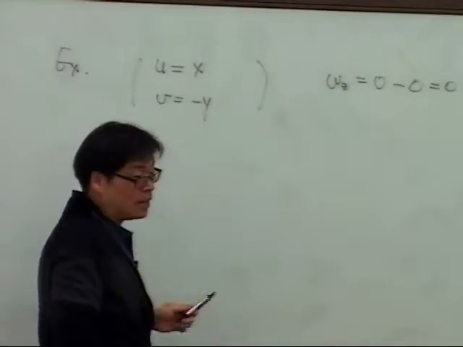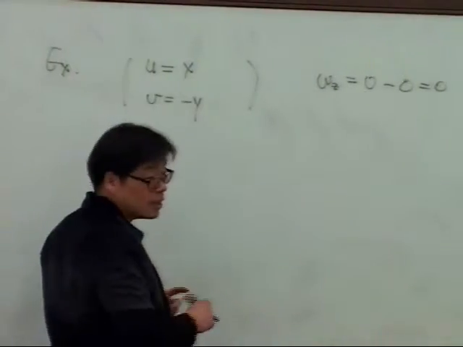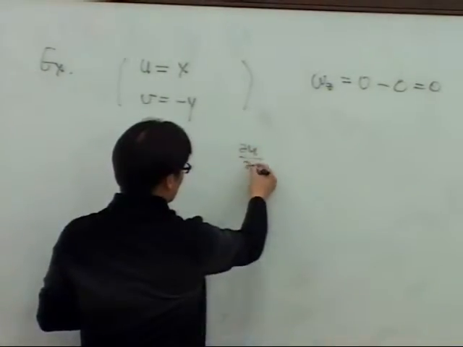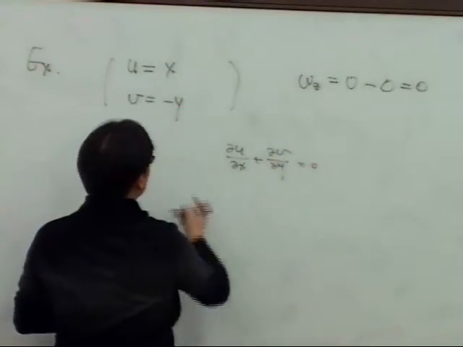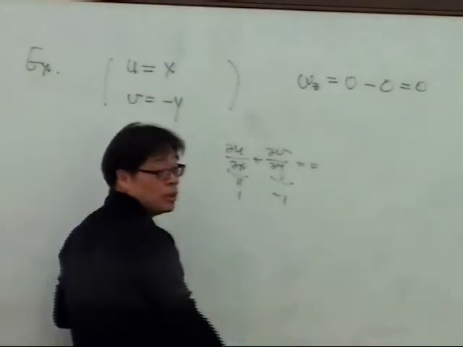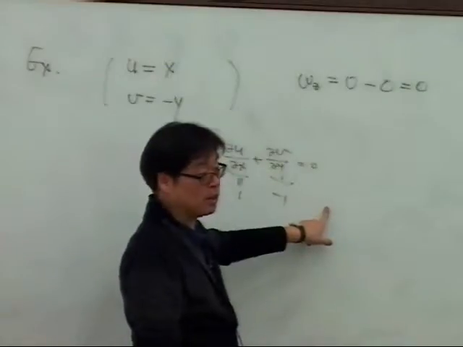But I put the minus sign, otherwise I'm in trouble. The reason is the continuity equation. So du/dx is 1, dv/dy is minus 1. When I sum these two up, I have a 0.